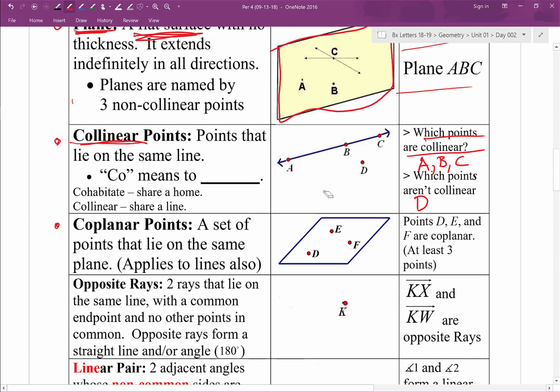It's not connected to what? So what does the word mean? And what are these points supposed to be sharing? So that's the definition of collinear points. It's points that share a line.